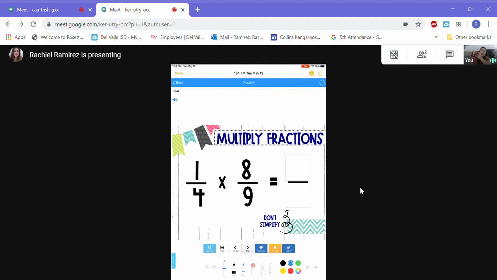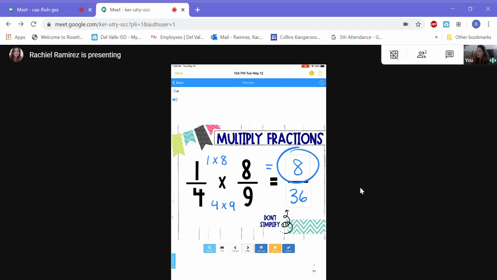The numerators are 1 and 8. So all you have to do is multiply 1 times 8, and your answer will go in the numerator spot. So 1 times 8 is 8, and then you're going to do the same thing for the denominator. So we have 4 times 9. So 4 times 9 is 36. So then I would put that there.